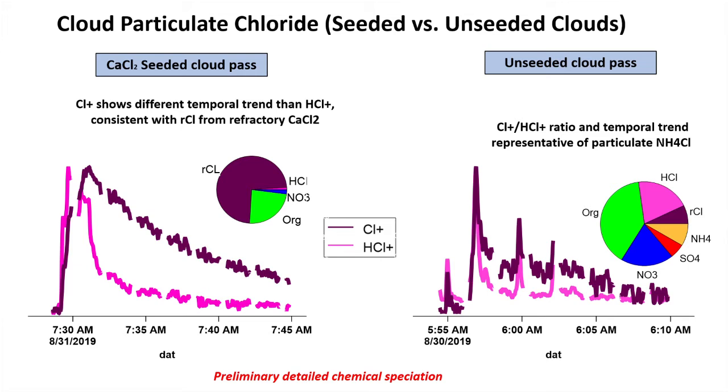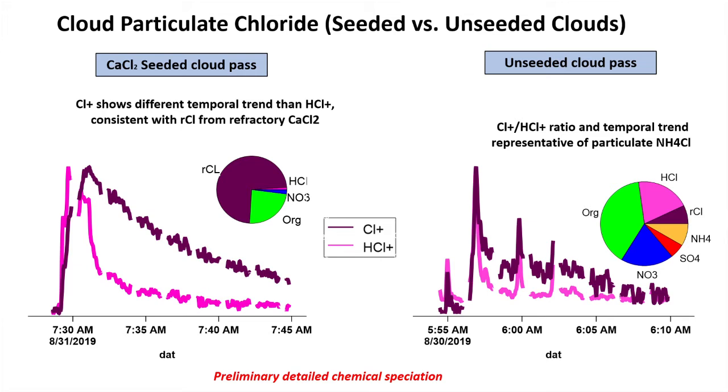Now this is refractory chloride, and I'm looking at the open signal here. If I were to look at the diff, you wouldn't see much because that open minus closed is a small difference. But the open really shows up well, and you can see how long it takes to come down. Comparatively speaking, HCl is a relatively quick plume there, right? Because it's not refractory. It's coming back down when we leave the cloud.